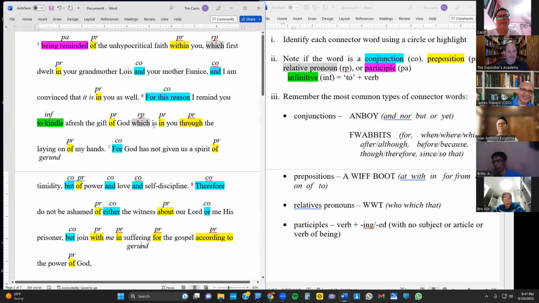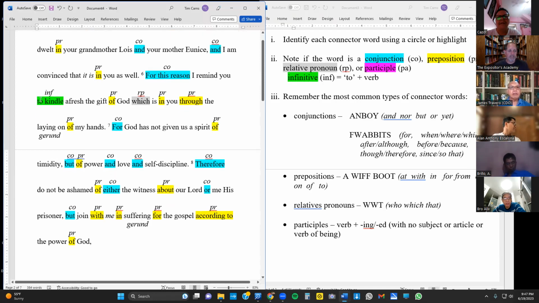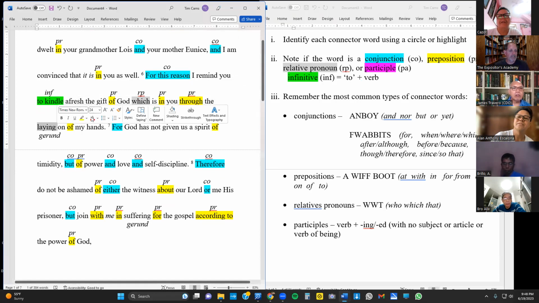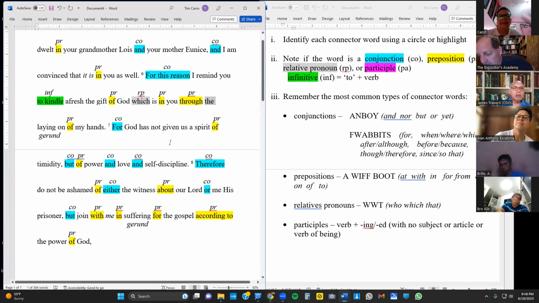There may be a few that you won't see or won't understand, but the more we practice, the more you're going to pick up on things, especially things like the infinitives: oh, that's a verb, so this can't be a preposition, this must be an infinitive. Or like somebody noticed, there's an article in front of "laying," so this "laying" cannot be a participle. It's got to be a noun because it's got an article in front of it. So we keep practicing these things, and I think you'll catch them more.